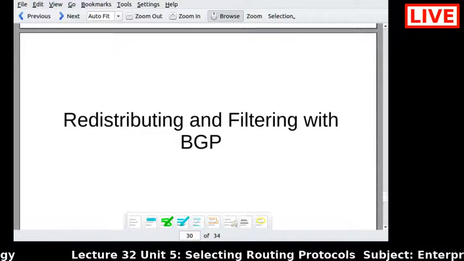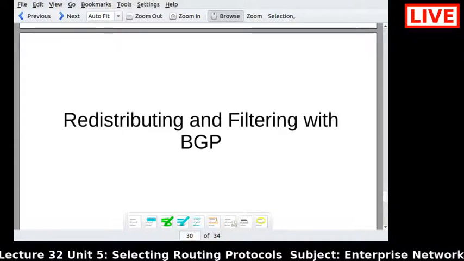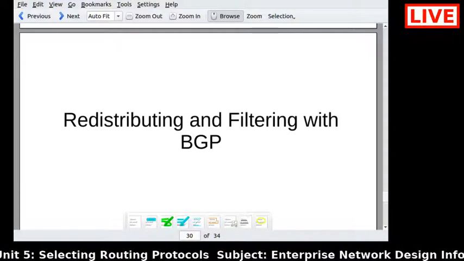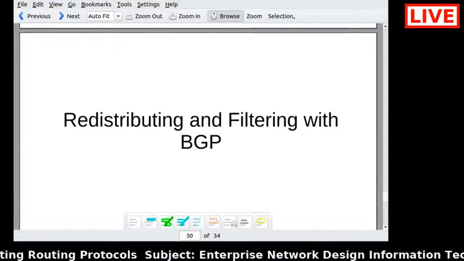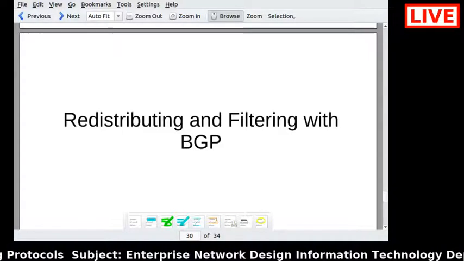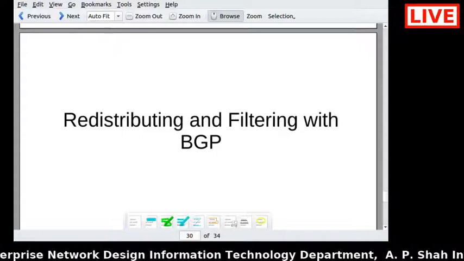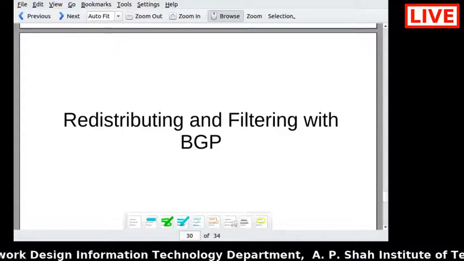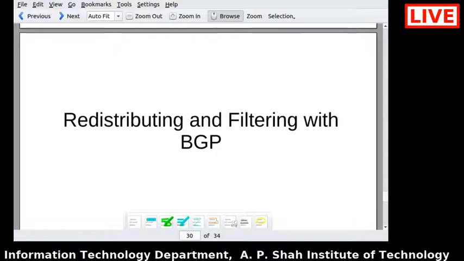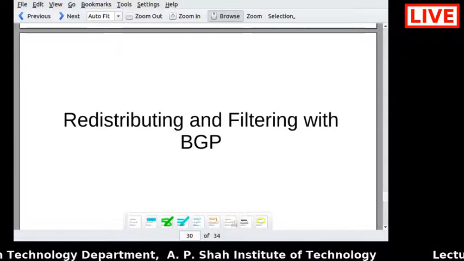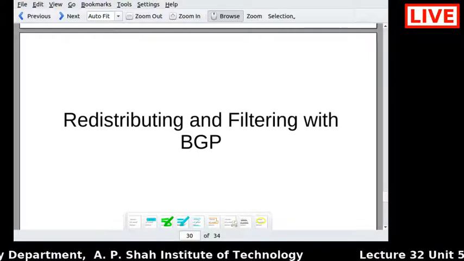You use this redistribution whenever you want to do internal network summarization into the major subnet, with the public address space, and the redistribution is done in BGP. You need to keep that in mind.